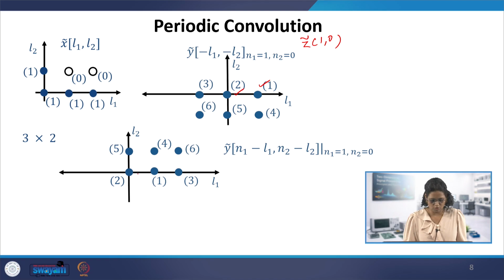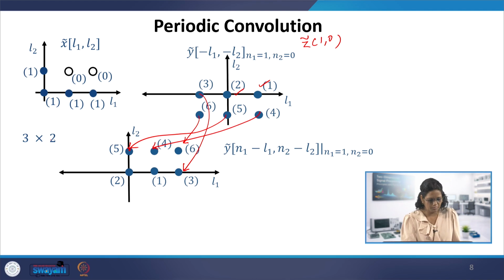There is no issue on these indices, whereas for this index minus 1 comma 0, 3 would be pushed to here, that is 2 comma 0, and similarly 6 would go here, 5 would come here and then 4 would come here. So this is to make the indices 3 by 2. For example, we saw that this is for 3 minus 1 comma 0, that is going to be 2 comma 0.